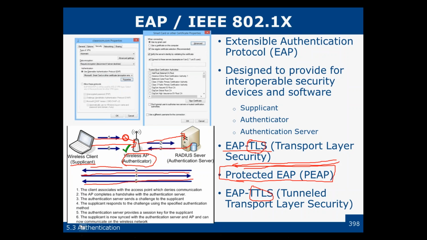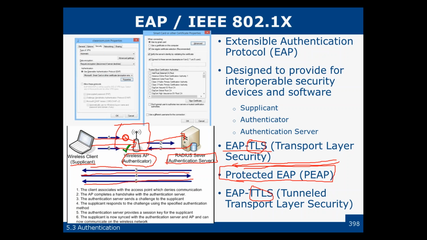If we put a switch in instead of a wireless access point, it would be right here, and it would be the authenticator. We have the supplicant, which we normally call the client. I don't know why they changed the words here, but they did. The supplicant, the authenticator, and then the authentication server, which is going to be a RADIUS server.